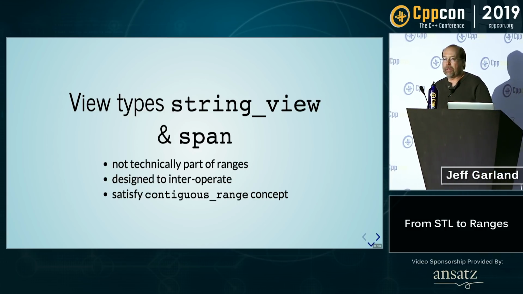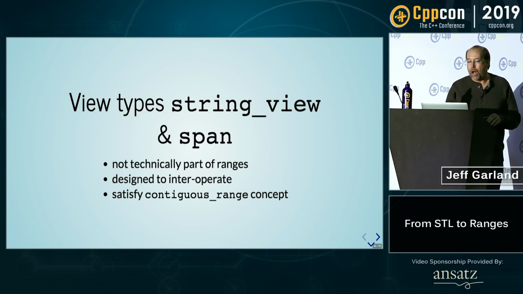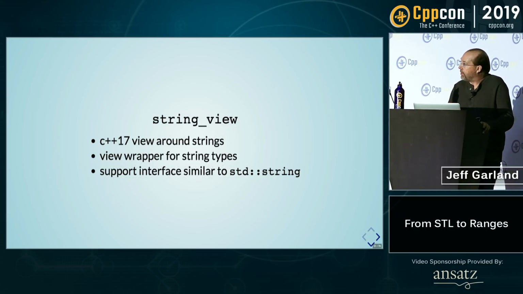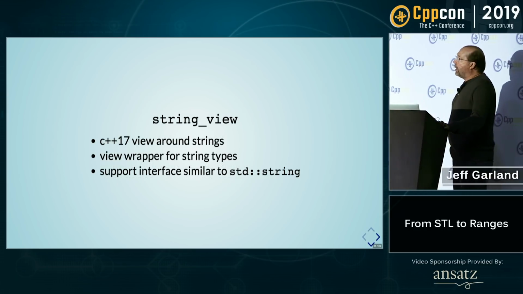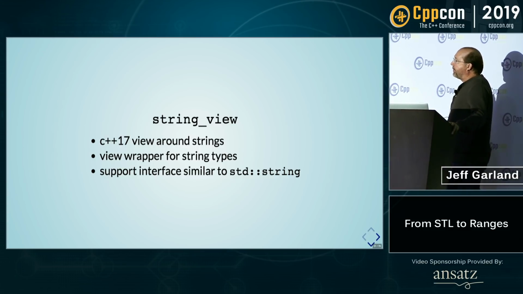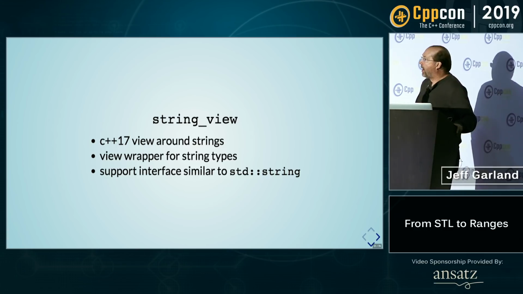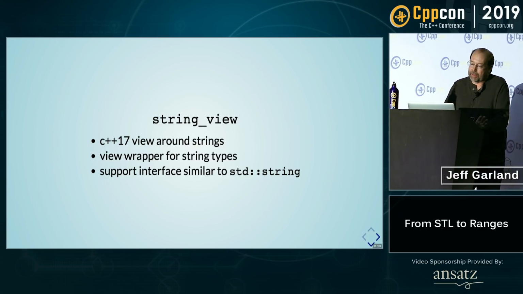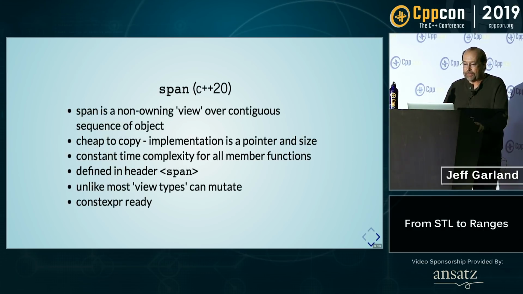So that allows you to have high performance for many operations. So the string view, of course, is from C++17. It works with strings, and I'm not really going to talk about it further other than to say that obviously it works perfectly with these. It works well with views and range algorithms in general.